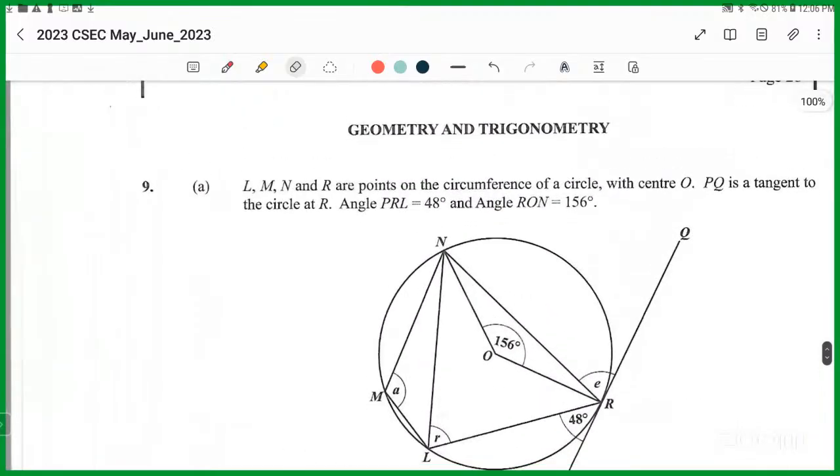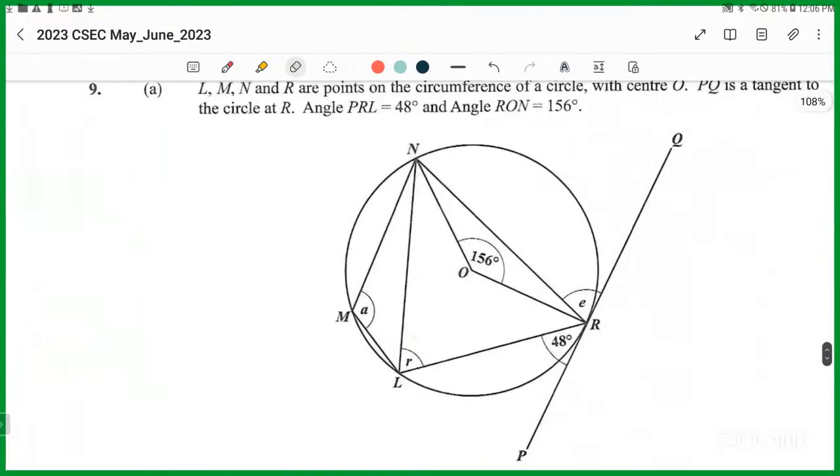Remember also that this is an isosceles triangle. These two lengths are the same, and so these two angles are equal. If you know the one at the center, then you're good to go. You can find these two easily if you need. And now, angle at center to angle at circumference.